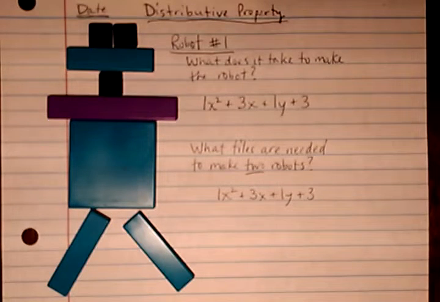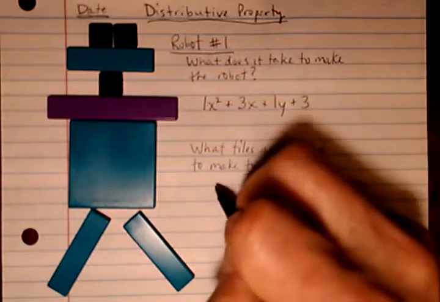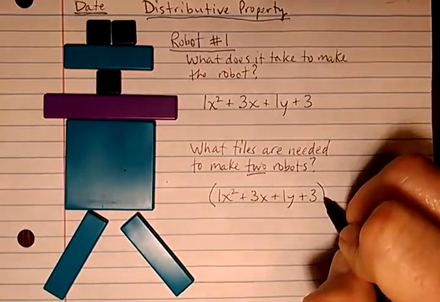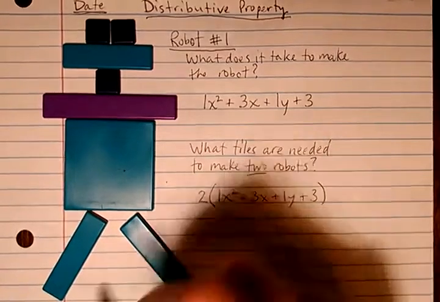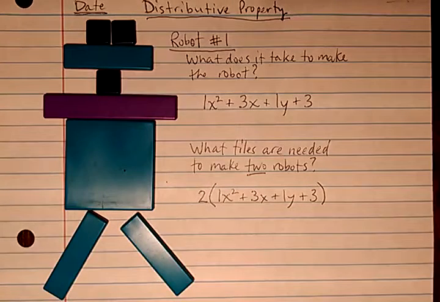But we're going to make 2 robots, so let's multiply it all by 2. We can put parentheses around the whole expression and put a 2 outside. And that means we're just multiplying everything times 2 because we're making 2 robots.